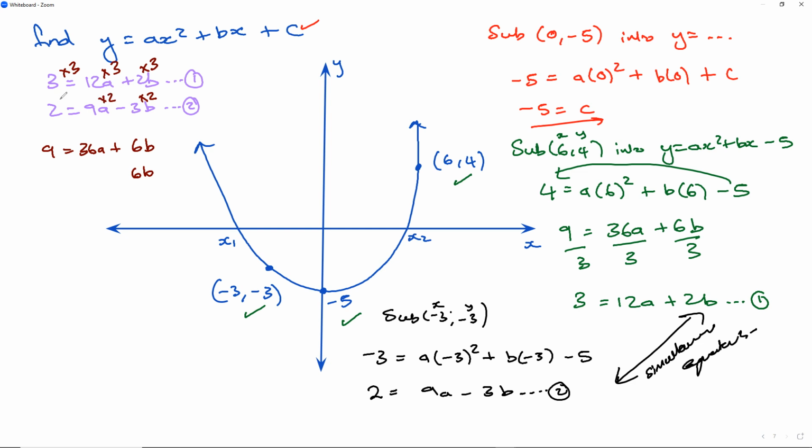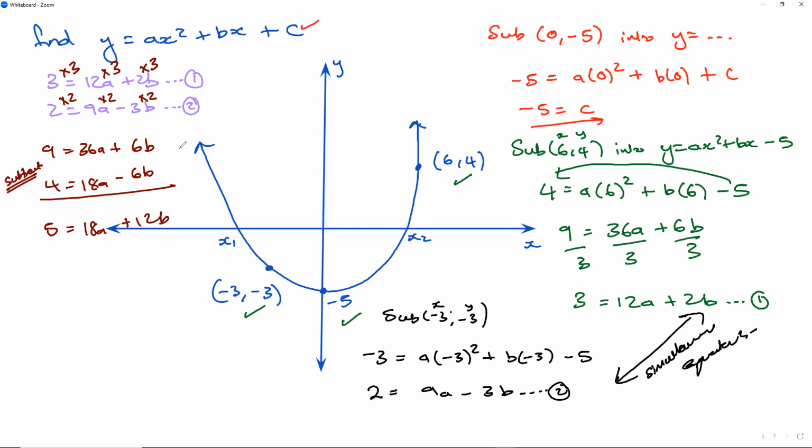Multiplying this one by 2 gets me 4 equals 18a minus 6b. And now I can eliminate these two. I can subtract them. 9 minus 4 is 5. 36 minus 18 is 18. And 6 minus minus 6 is going to become positive 12b.